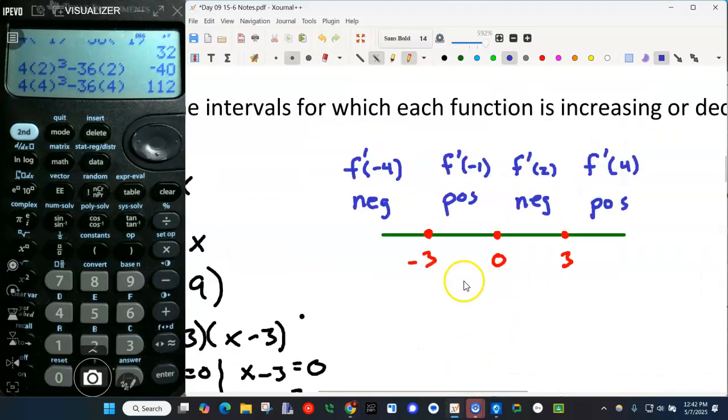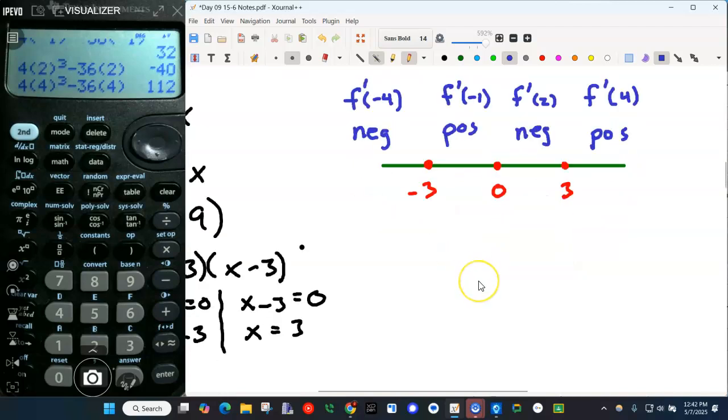So we have to do one more step and actually answer the question, right? Because it says, where is it increasing and decreasing? So we actually better say that. It's decreasing here, it's increasing there. So we can start off with, where is it decreasing? Just write out the word decreasing and write out the word increasing.